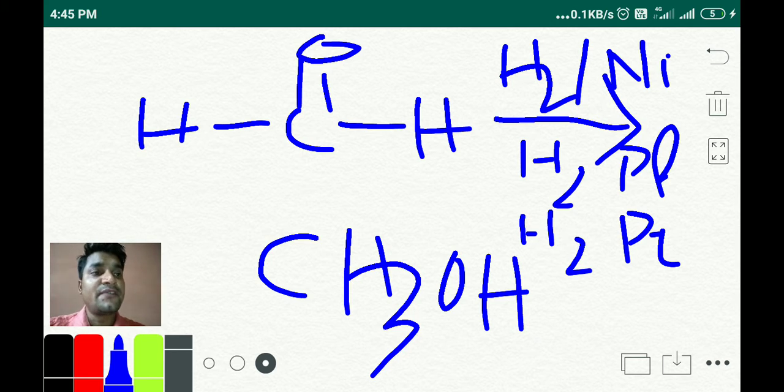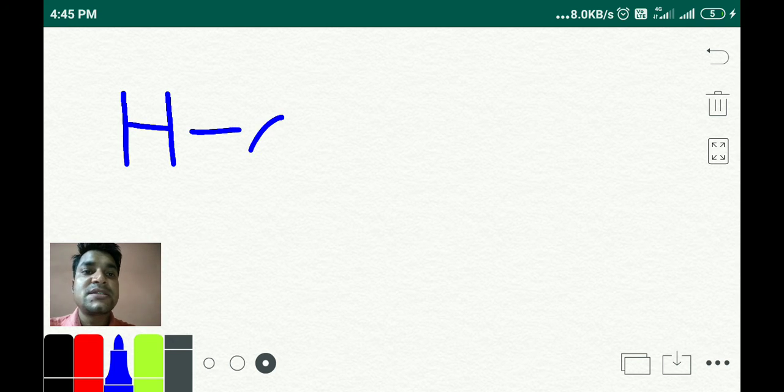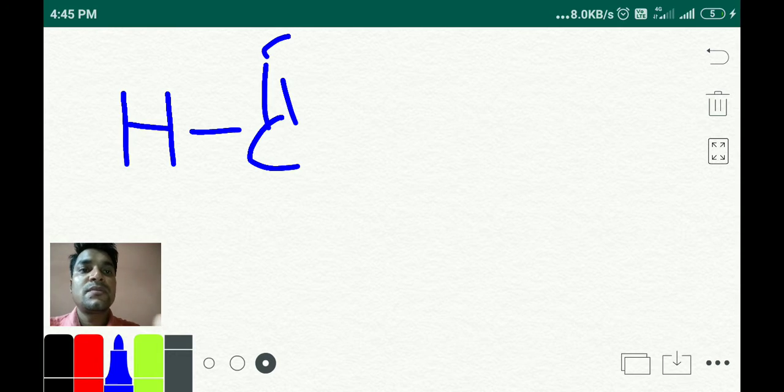I am giving you the brief mechanism of how it is converted to methanol. Normally this kind of reduction by the help of hydrogen and nickel goes through the free radical mechanism.